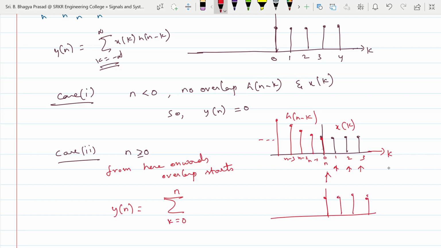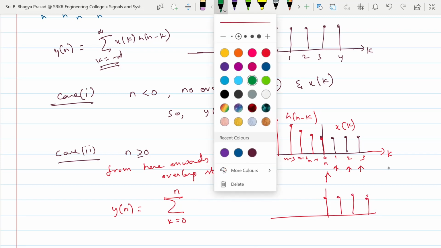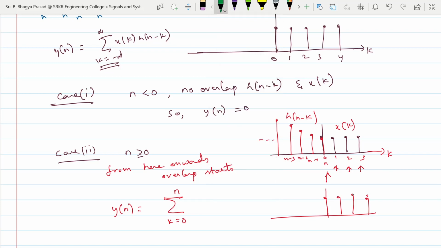At some instant the overlap will be like this, and this will be n. So from k equal to 0 to n, the summation will happen for the product of x of k and h of n minus k. This is x of k and this is h of n minus k.